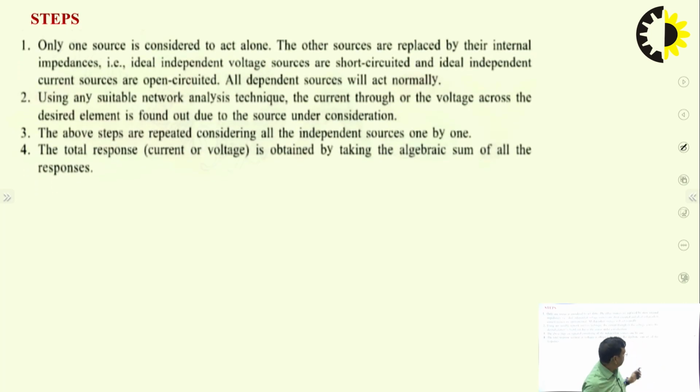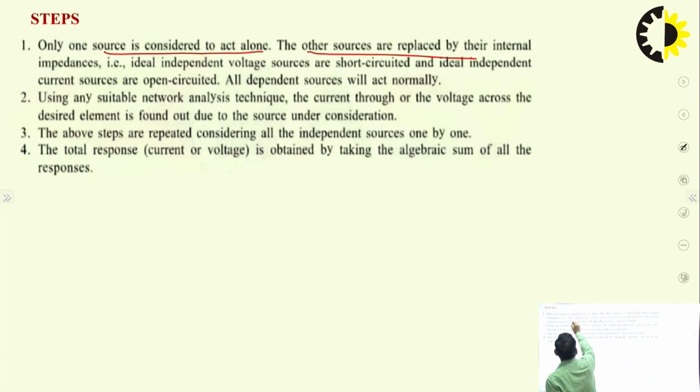Now, before solving some examples, what are the steps to carry out the superposition theorem? The first step is that only one source is considered, as we have seen while proving this theorem. The other sources are replaced by their internal impedances. If there are more than two energy sources, take one at a time and replace the other energy sources by their internal impedances.